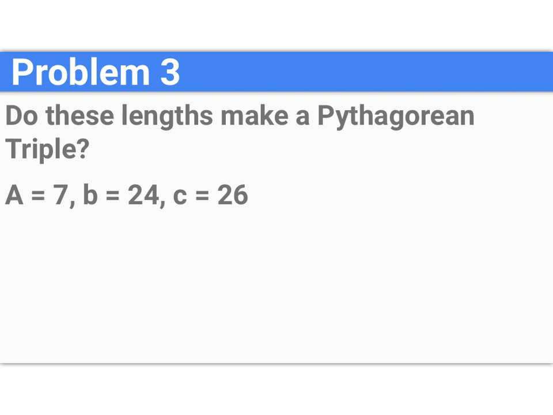And finally, our last one, do we make a Pythagorean triple? So 7 squared plus 24 squared, does it equal 26 squared?